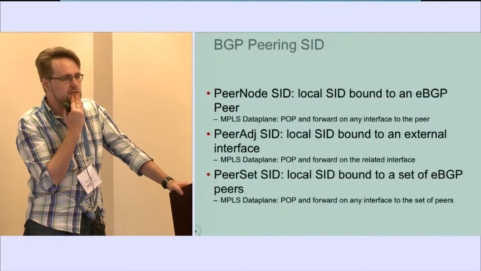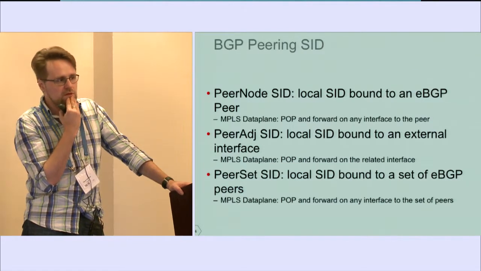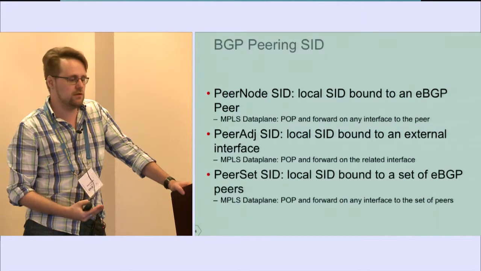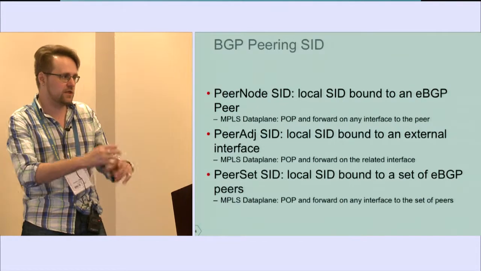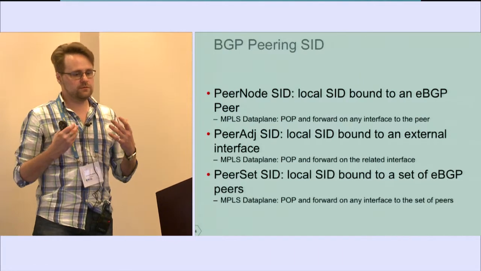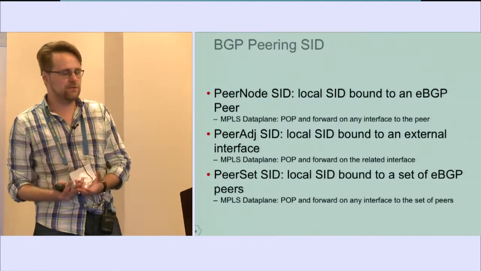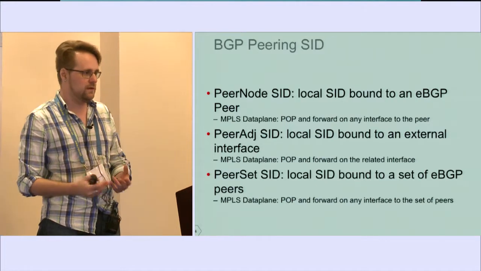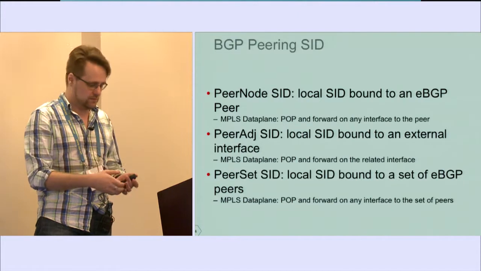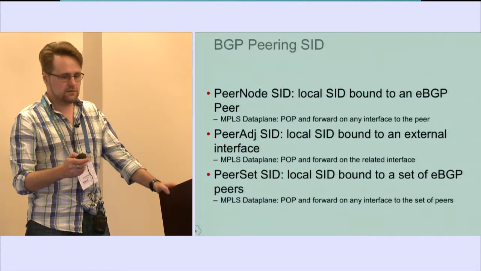And the third type is the peer set SID. Using local configuration on our node, we can set a certain universe of peer node SIDs or peer adjacency SIDs and refer to this universe as one thing.